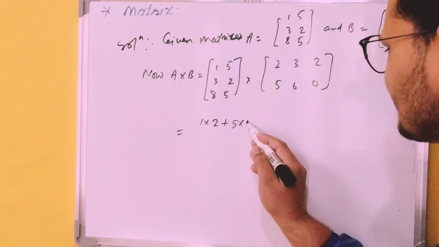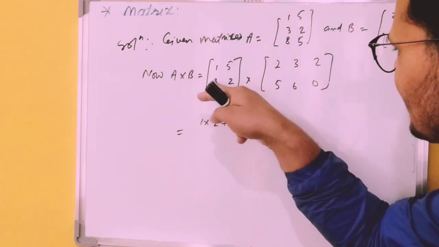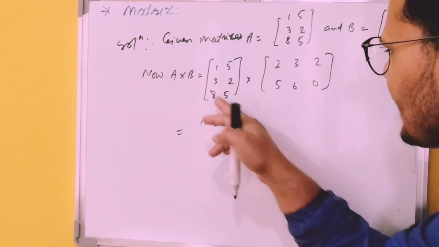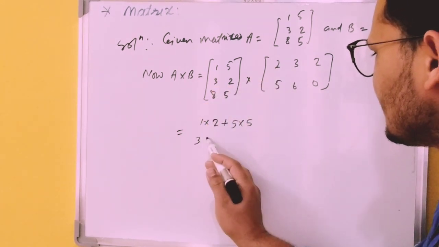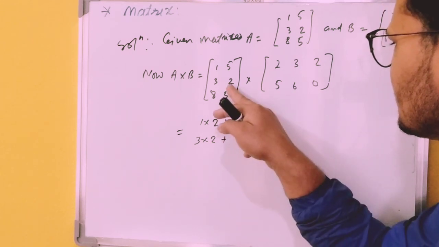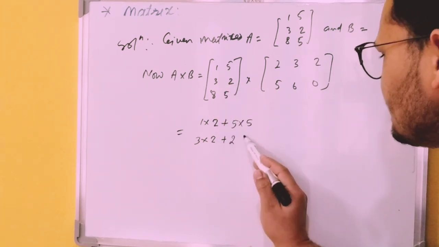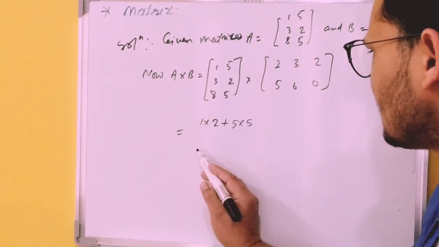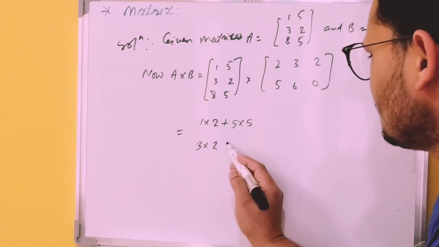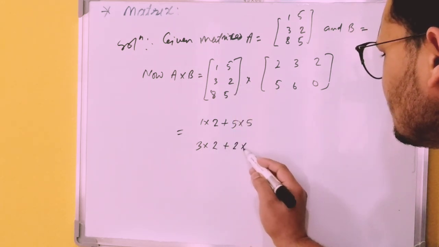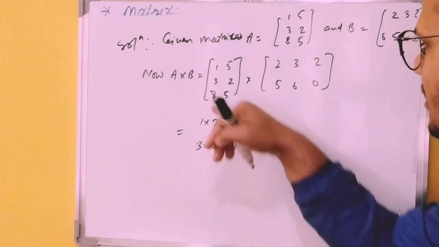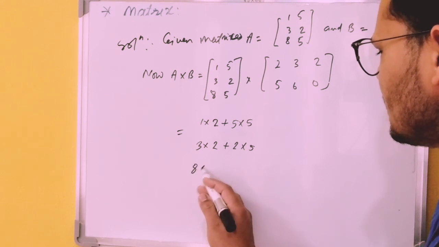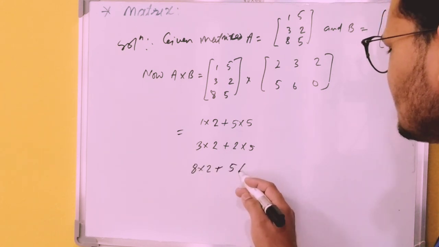Again for the second row and first column, we have to take the position of the second row: 3 into 2 plus 2 into 5. For the third row and first column, third row is this one: 8 into 2 plus 5 into 5.